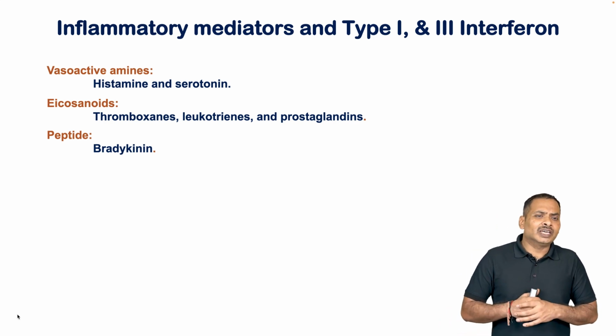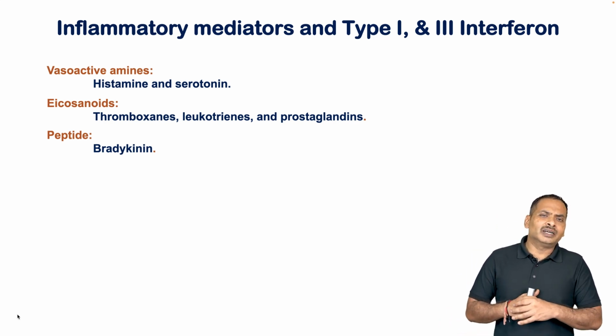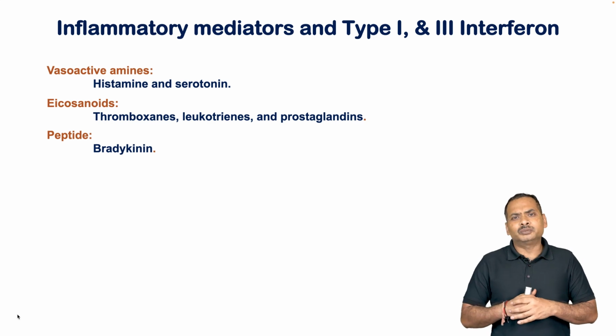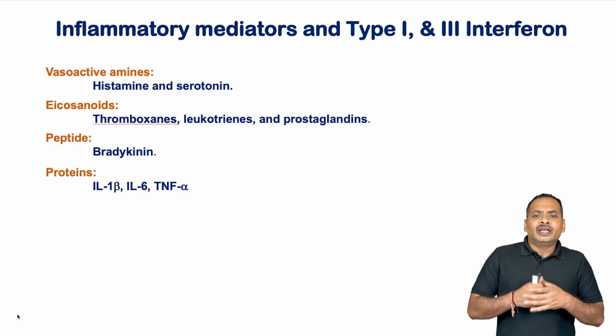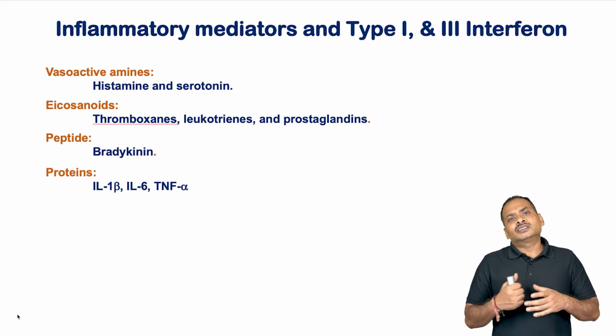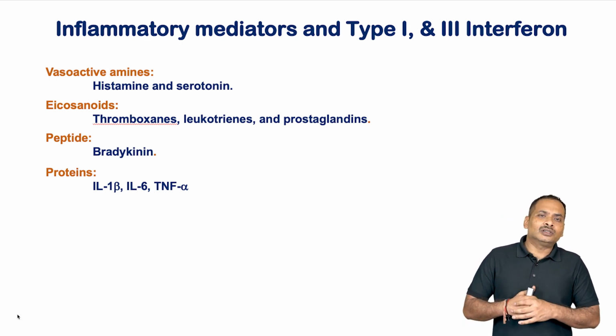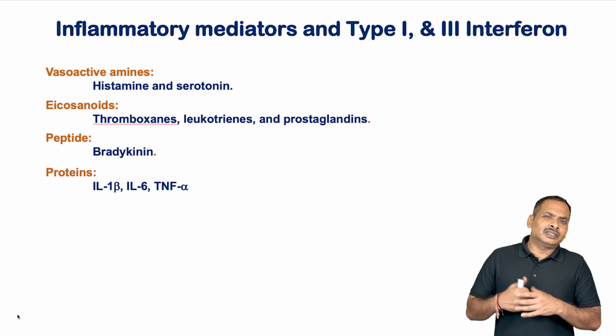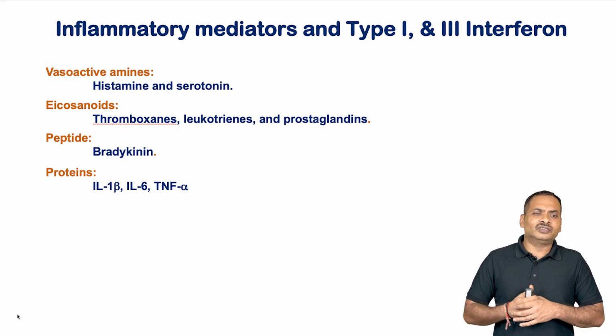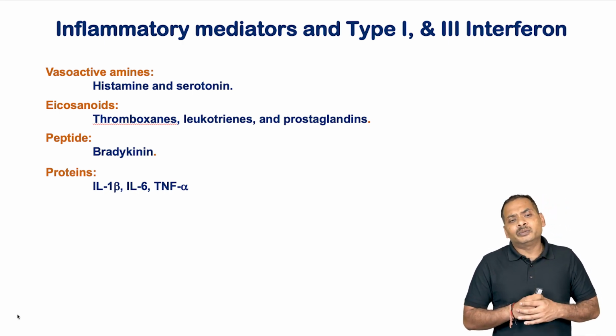Bradykinin, most likely, is also derived through NF kappa B mediated signaling. And there are a variety of cytokines like IL-1 beta, IL-6 and TNF. They are also synthesized upon activation of NF kappa B. So, these are the inflammatory mediators.